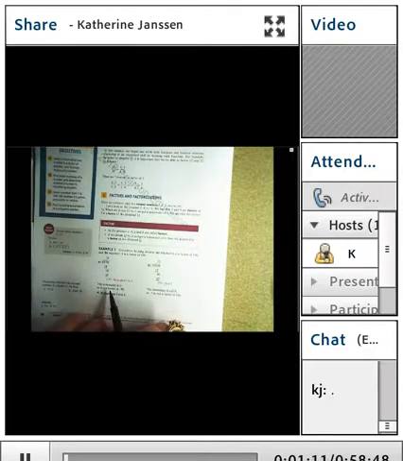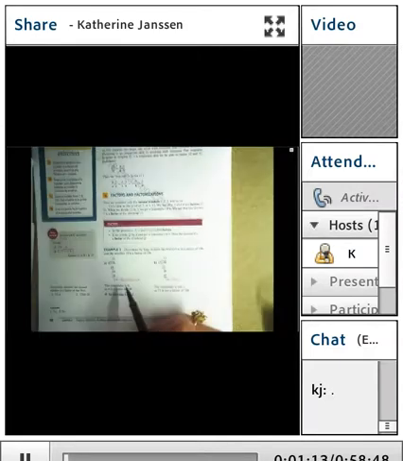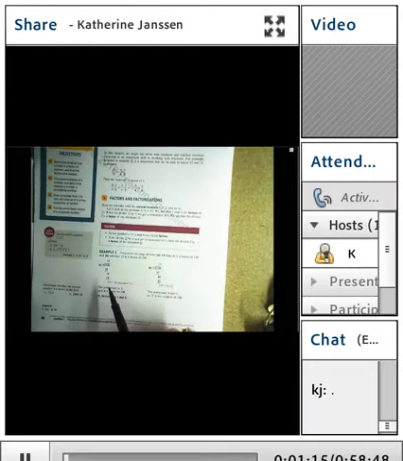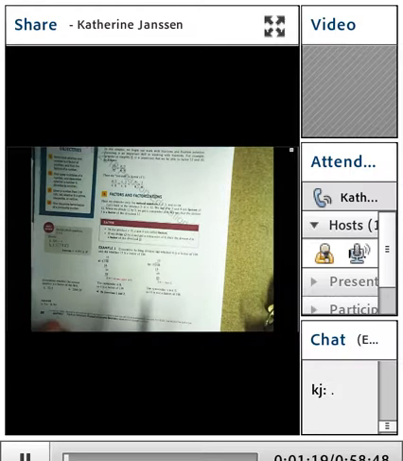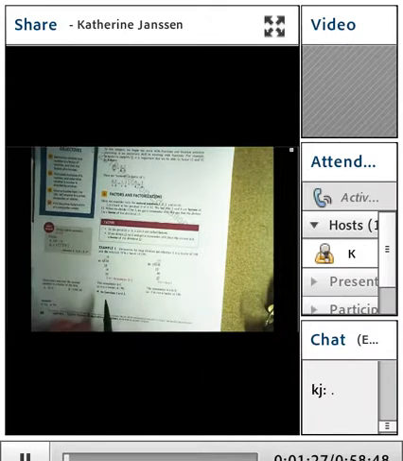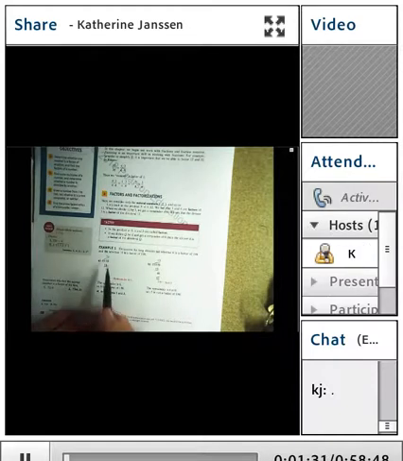So yes, since the remainder is 0, 6 goes into 198 evenly, and 6 is a factor of 198. And we know that because we check 6 times 33 is 198.